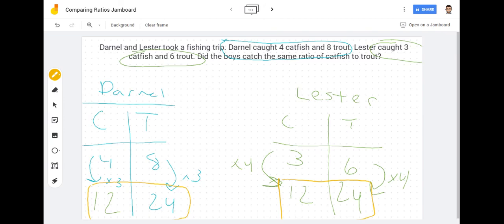You can't do that unless you scale it up and scale it down and pick one of the numbers to match to. So in this case, because it's a 12 to 24 ratio for both Lester and Darnell, I can say that yes, this is the same ratio of catfish to trout.